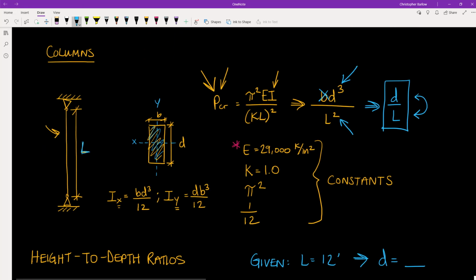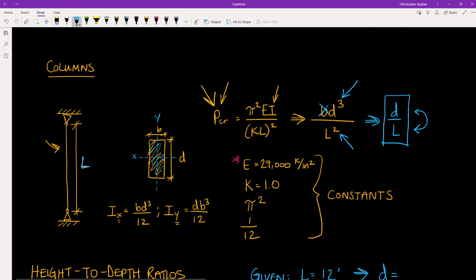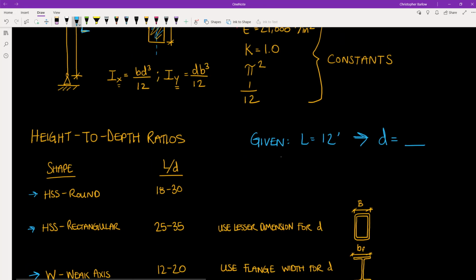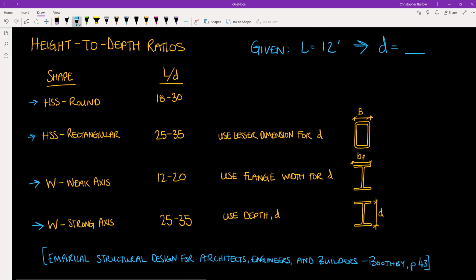And note that, as we said before, buckling can occur either about the x-axis or the y-axis. And so typically, it's the lesser dimension that controls the strength of the column. And so that's why for our HSS rectangular, you want to use the lesser dimension for D in this equation.